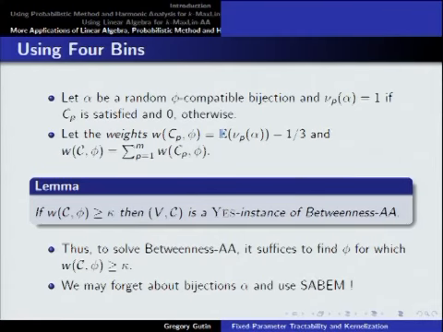What it means is that to solve betweenness above average, it's sufficient to find phi for which the weight is greater than or equal to kappa. So we can forget about alpha, about bijections from the vertex set to 1 to n, and instead consider only placing these variables into 4 bins. That's all we need.